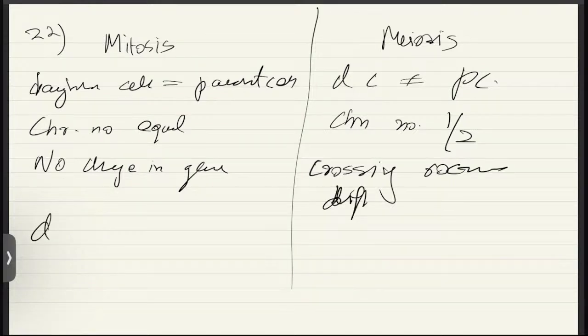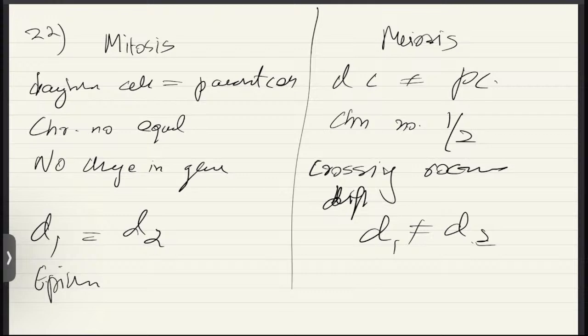Even the daughter cell is equal to the daughter cell in mitosis, but not in meiosis, because of genetic information. Mitosis is commonly seen in epithelial cells in our body, and meiosis is seen during reproduction, so reproductive cells.